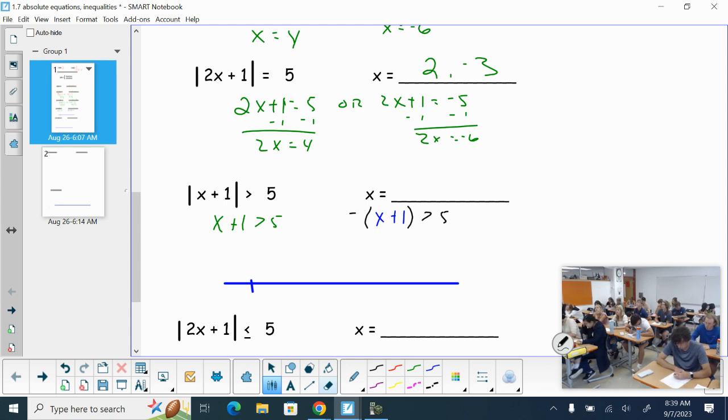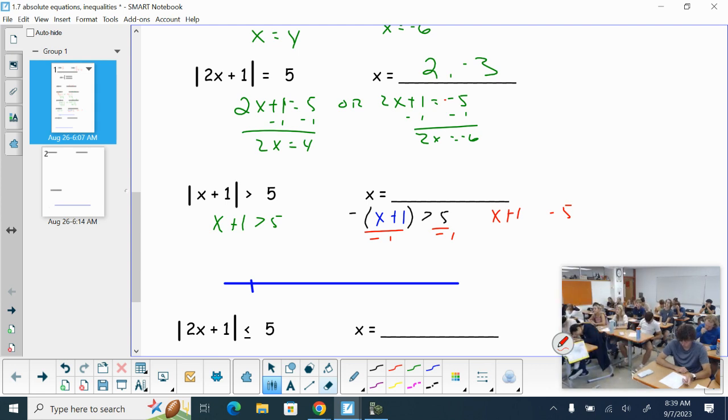And when we divide through by this negative 1, we have x plus 1, and we have our negative 5 there, which goes with our negative up here. But when we divide through by that negative, what do we have to do with the greater than, less than symbol? Flip it. Flips around.